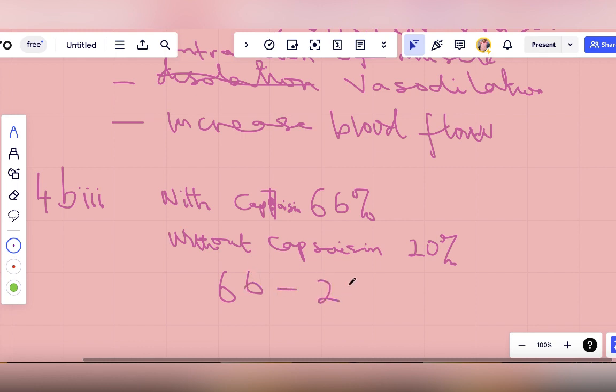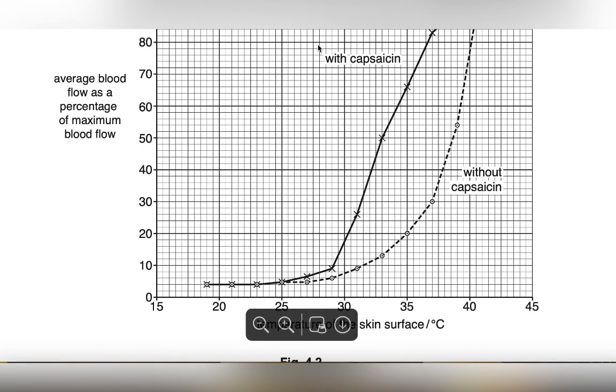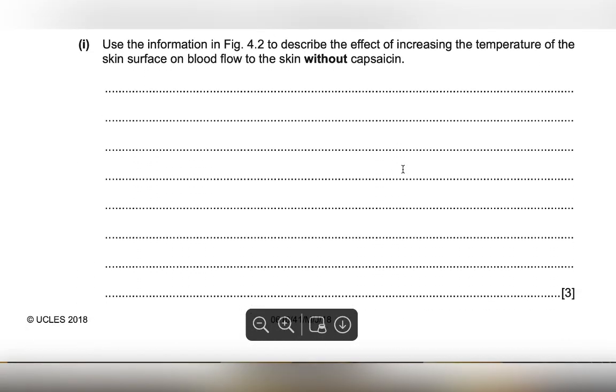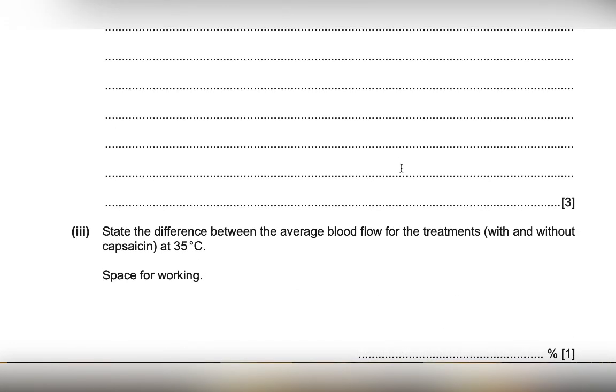So this will give us 46%. So we just write here 46% as our answer. Okay, so this is our answer for this question, 46%. So that's what we get for 4B Roman figure 3, right?